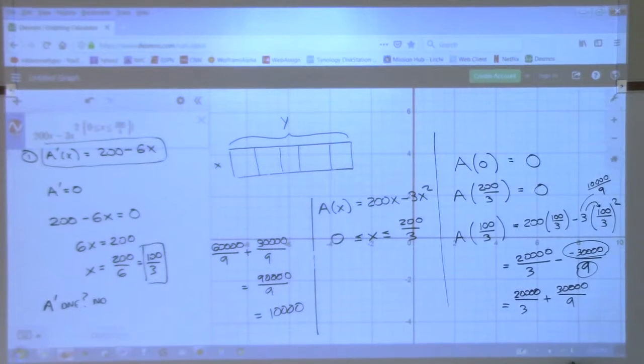Jeez, I hate that aspect of this program. 0 less than or equal to x less than or equal to 200 over 3. What happened?